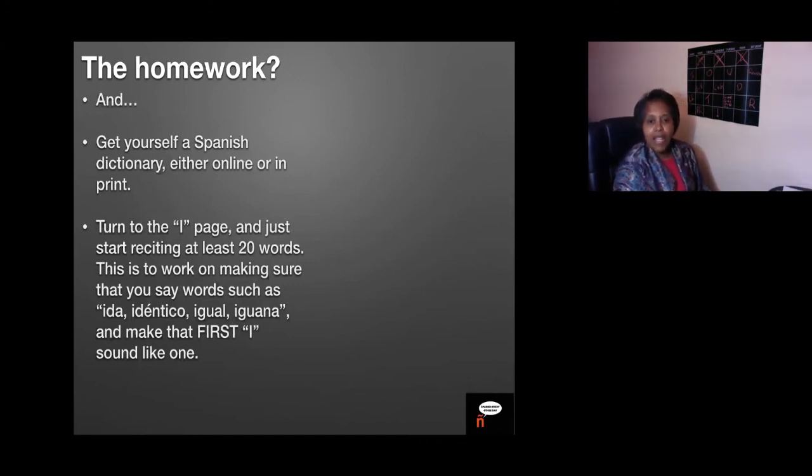Please get yourself a Spanish dictionary also, either online or in print. Turn to the page that has the words that begin with E and just start reciting 20 words. I did it myself, and it's good so that you start working on starting your E words with E instead of I. You're not saying idéntico, igual, iguana.